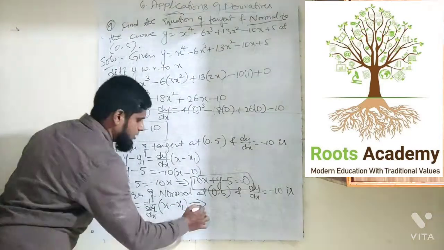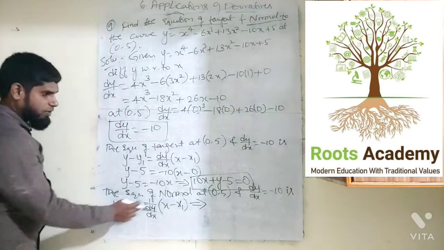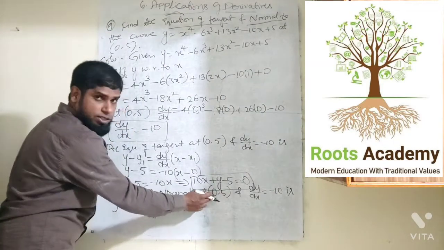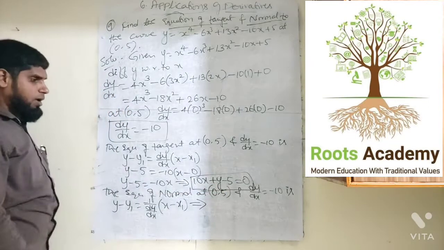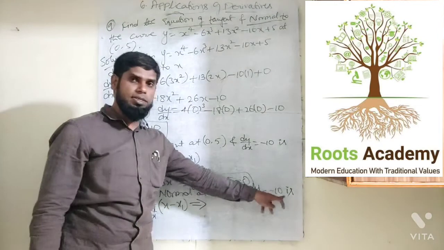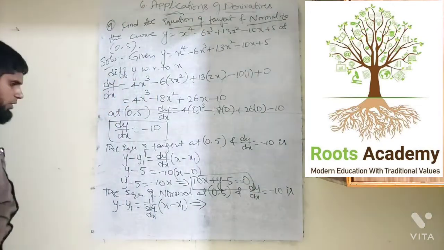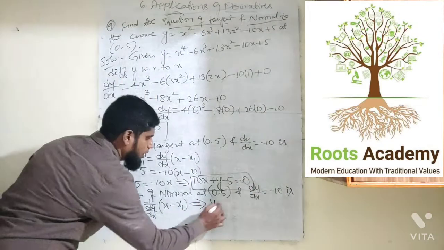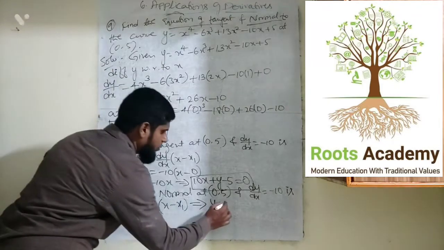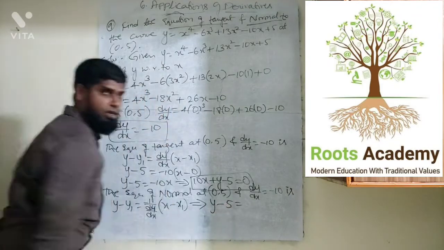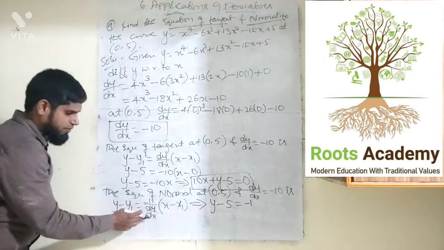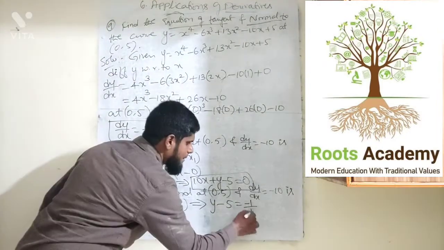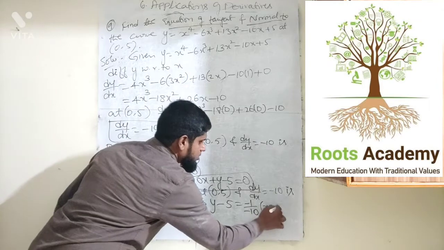Here x1, y1 is again this point, x1 is 0, y1 is 5, and obviously dy by dx is minus 10. So this becomes y minus 5 is equal to minus 1 divided by minus 10 into x minus 0.